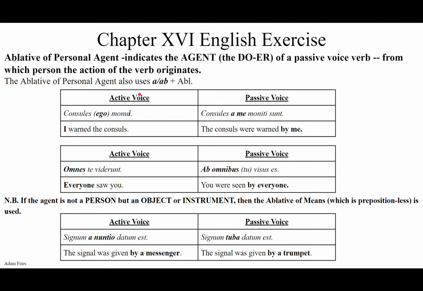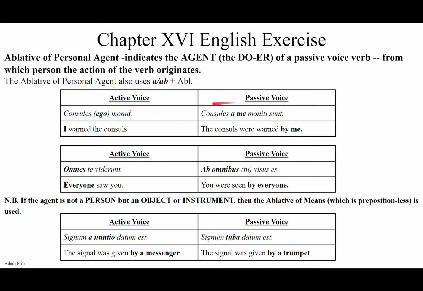So if we take an active voice sentence like consules monui, we don't need the ego, but it could be in there. Consules ego monui, I warned the consuls.